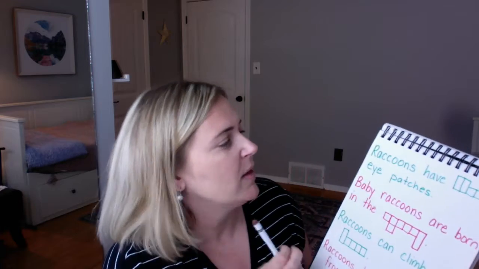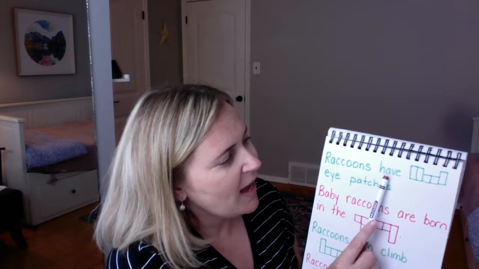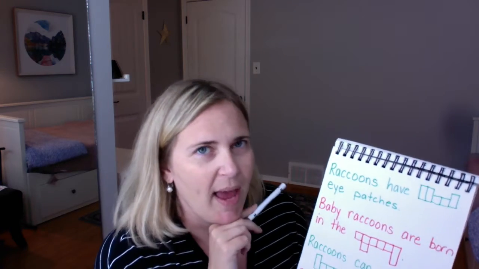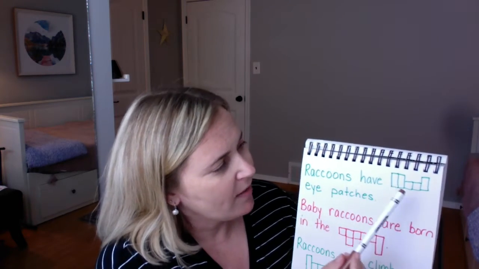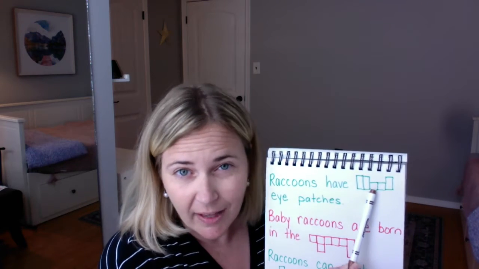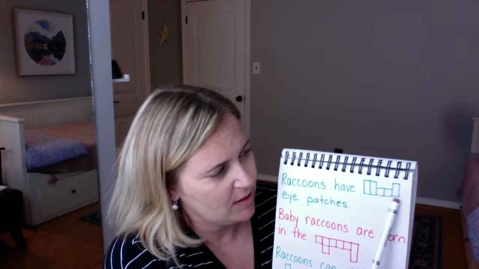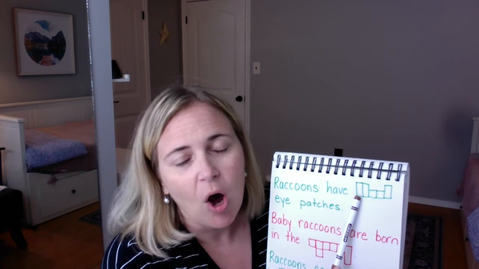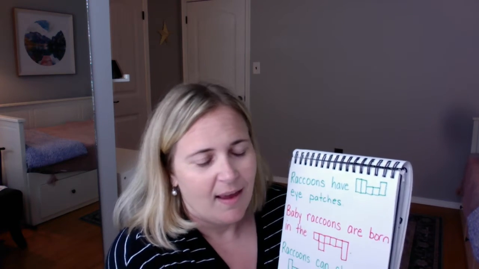So let's talk about it. It says, raccoons have eye patches. So we know it has 5 letters. We have to figure out what this missing word is. What kind of eye patches do they have? We know the first letter is a tall letter.